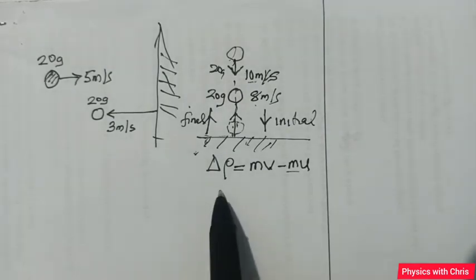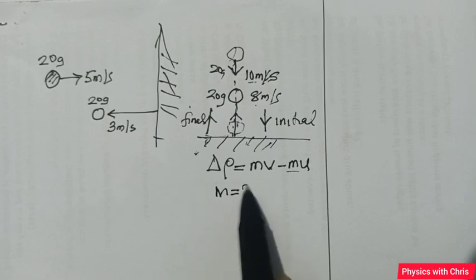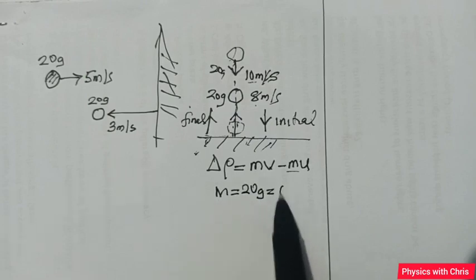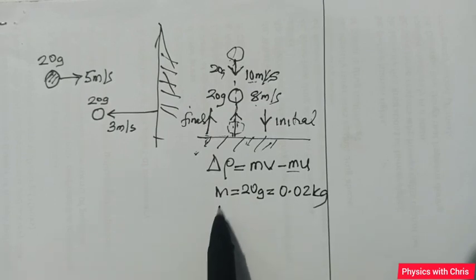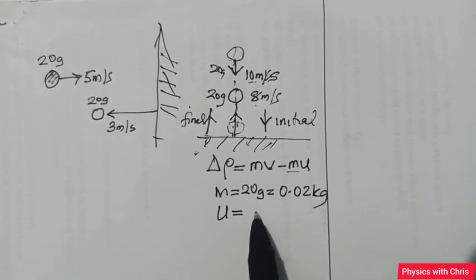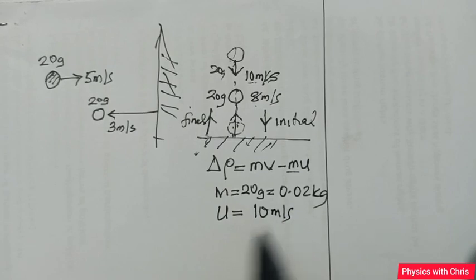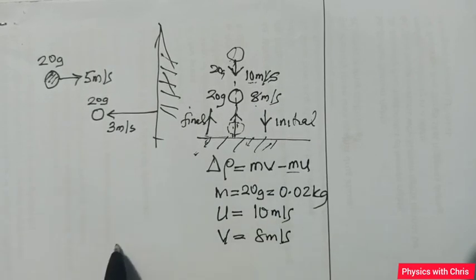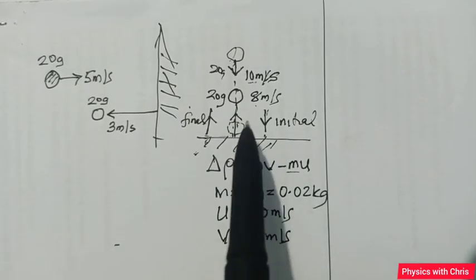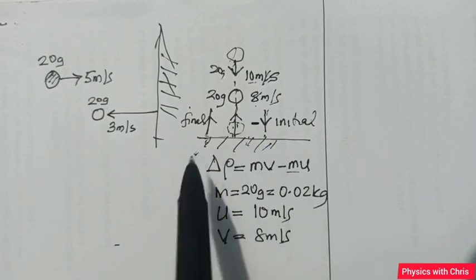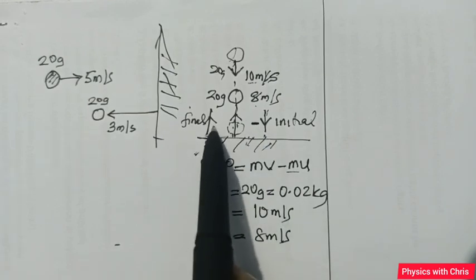So my mass, 20 grams in kilograms, is 0.02 kilogram. My initial speed u is 10 meters per second, and my final speed v is 8 meters per second. Now, what do I do here? The two directions are different. When it was moving towards the earth surface, it moves in the downward direction, so I can decide to give that negative. Then the upward direction after the rebound is positive.